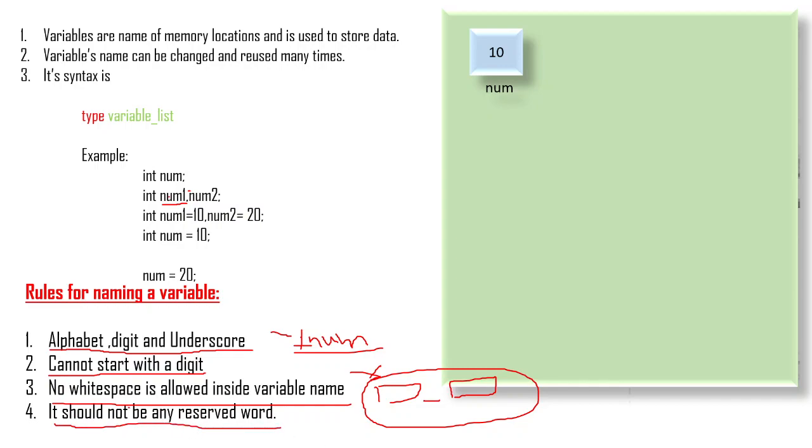Reserved words are those words which are used by C itself. For example, int and all these things are used by the C program itself, and you cannot use these names for naming your variables. Otherwise the C compiler will get confused.